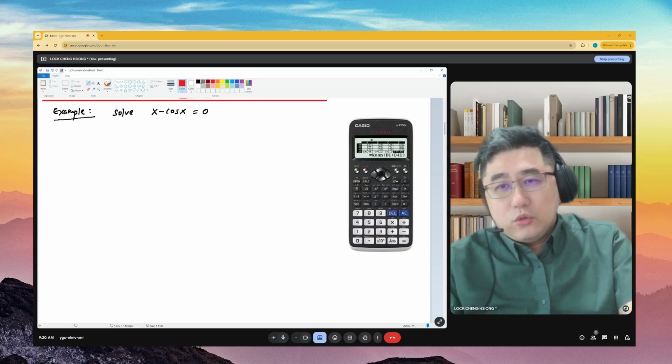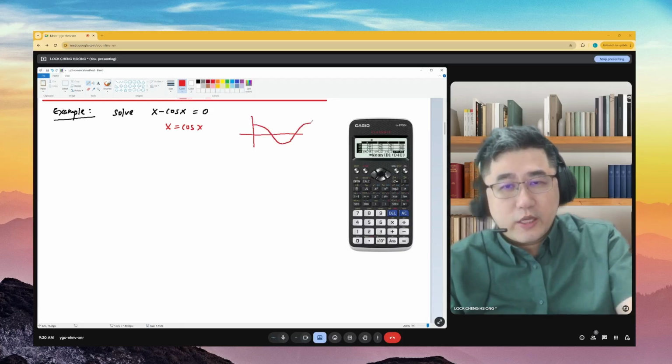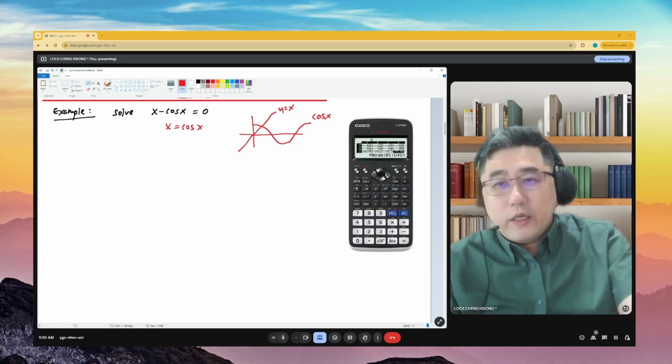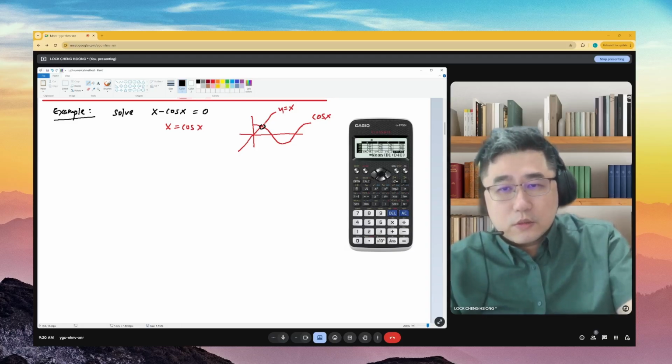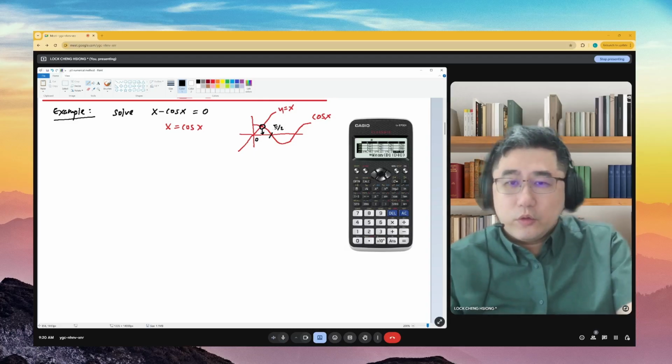So over here, if we write it in the form x equals cos x, and we draw the graph of cos x and the graph of y equals x, we realize that there is one intersection between 0 and pi over 2.